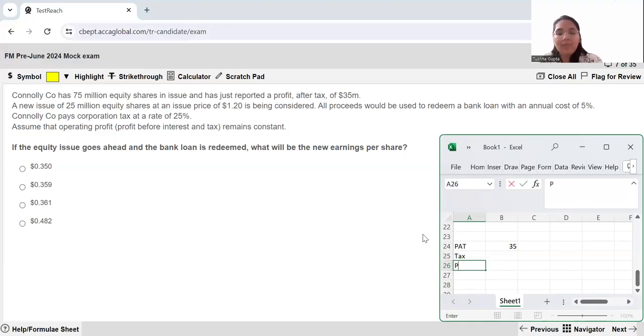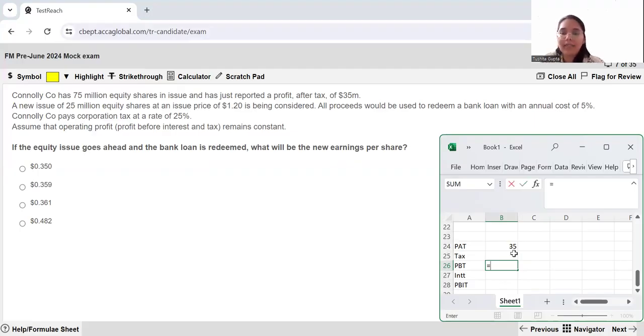Then I will arrive at profit before tax. Then I will arrive at the interest. And then I will arrive at the PBIT, which is profit before interest and tax. So over here, we are going towards a reverse working. So tax would have been 25% of profit before tax. So if my PAT is 35, how much is going to be my PBT? Whatever was my PBT, 75% of that is 35.